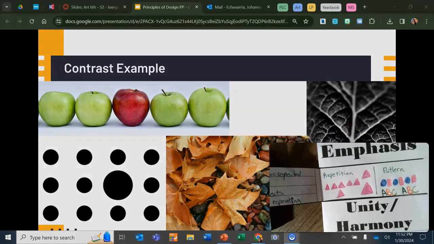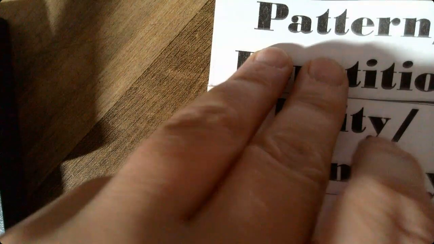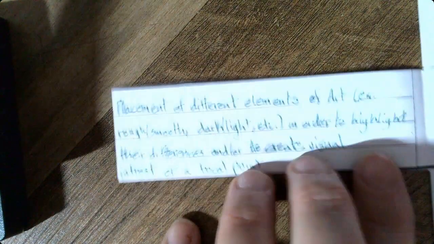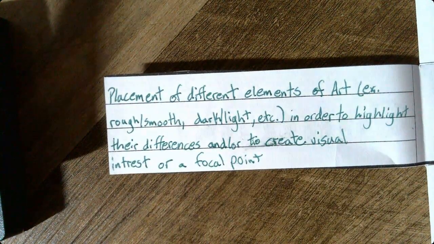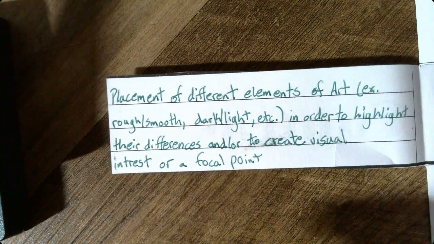So for your definition: placement of different elements of art, rough, smooth, dark, light, etc., in order to highlight their differences and or to create visual interest or a focal point. If you do not know what a focal point is, make sure you write that in there as well.